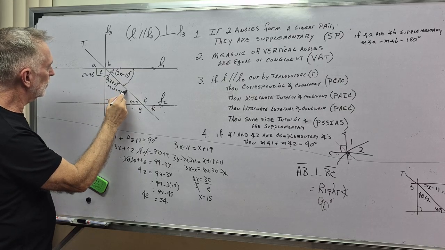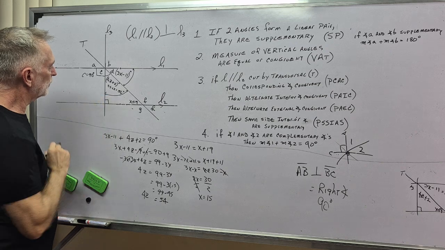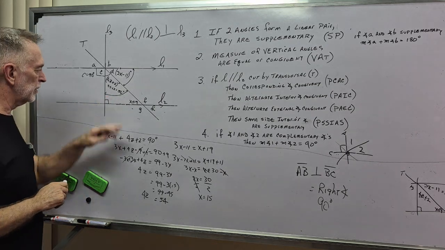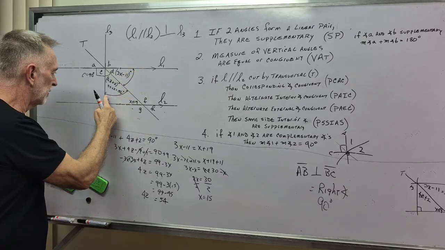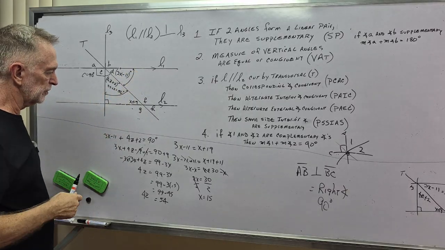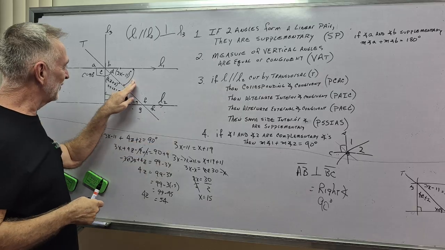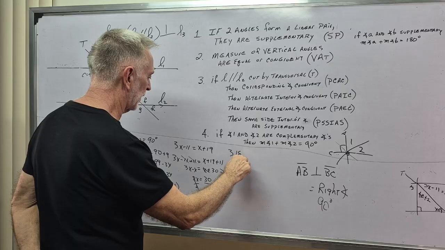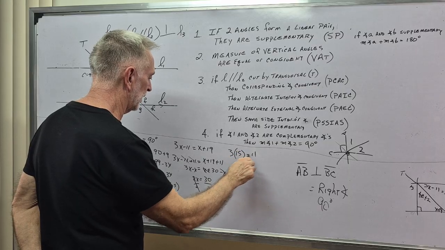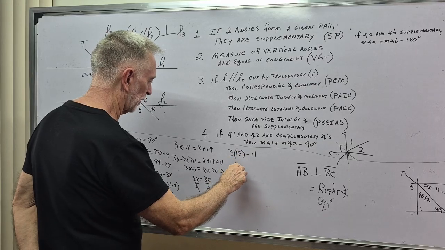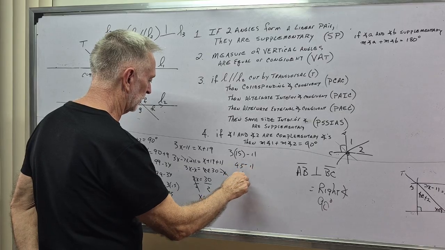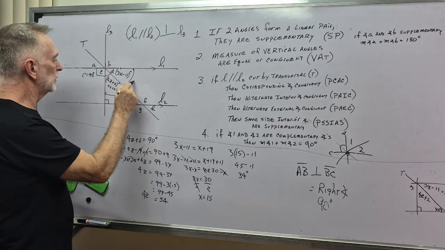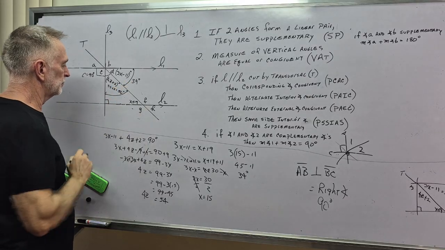So this angle here is 56 degrees. Now, since we know that, we could just say 90 minus 56. That's no fun. Let's go with 3x minus 11. 3 times 15 is 45 minus 11. 45 minus 11, what is that, 34? So this one's 34 degrees.